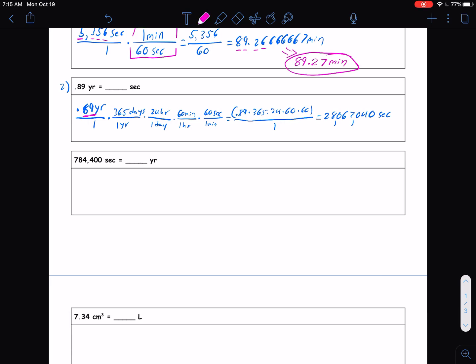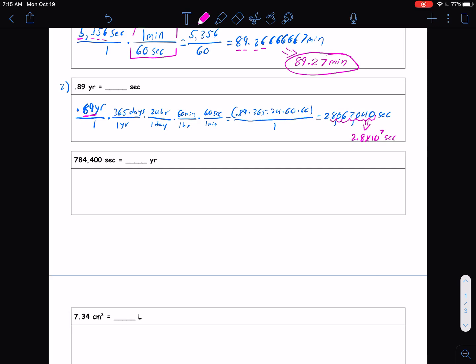So this is where we're going to use scientific notation. And I want you to write this number in scientific notation, or try to here. And what you actually get here is 2.8 times 10 to the 7th seconds, because 1, 2, 3, 4, 5, 6, 7.